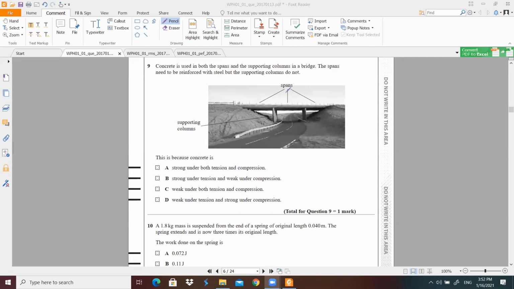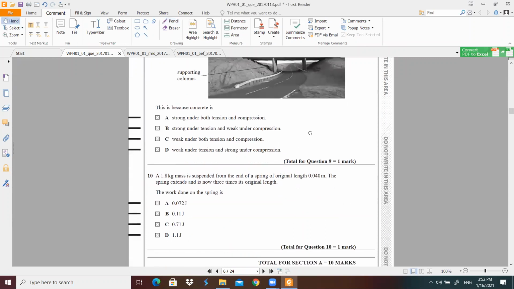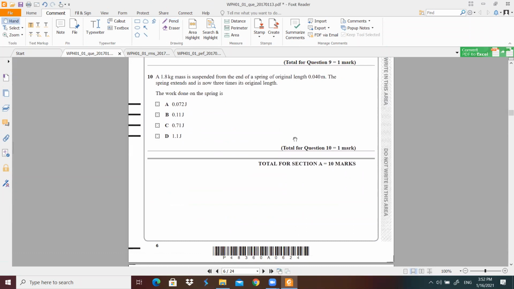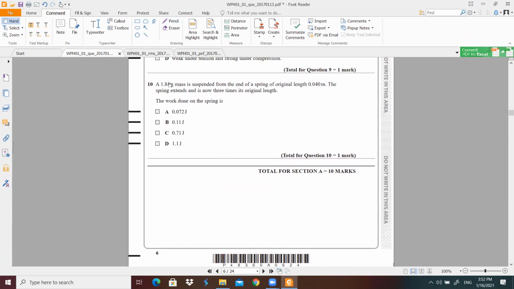Moving on to number 10. Look at this. A 1.8 kg mass is suspended from the end of a spring of original length 0.040 m. The spring extends and is now 3 times its original length.